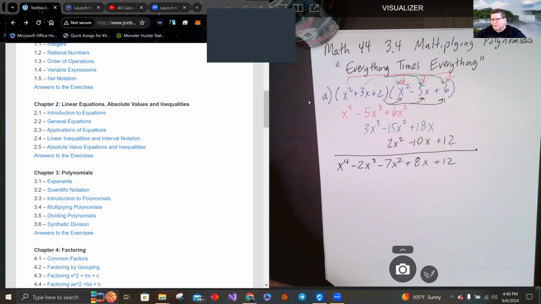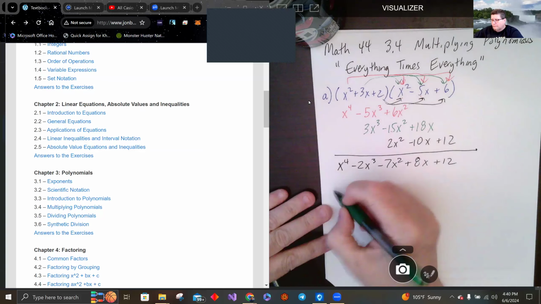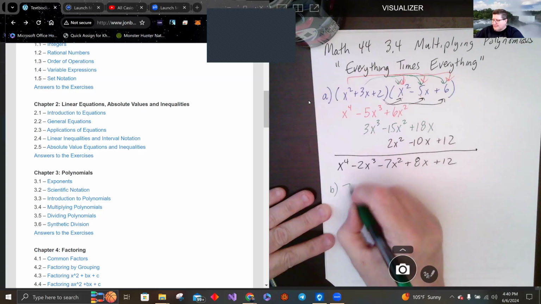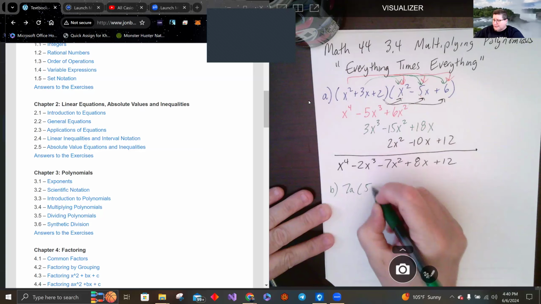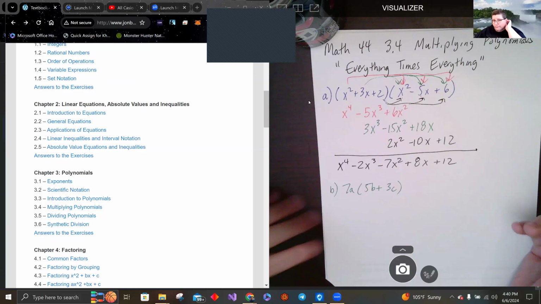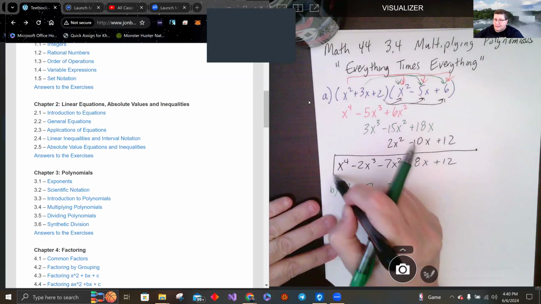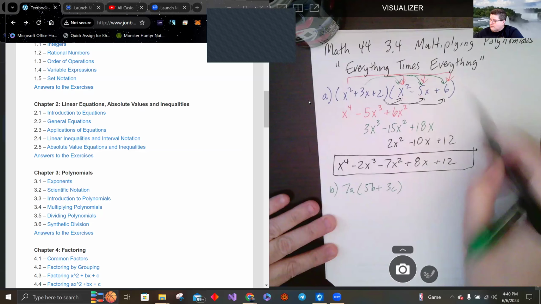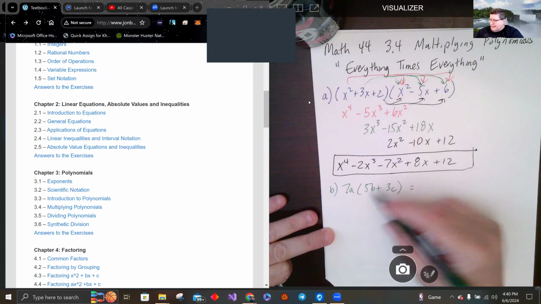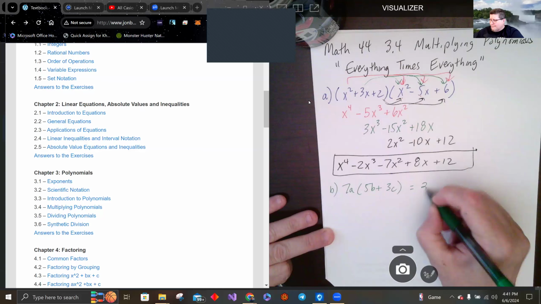Now, polynomials can be simpler. We could have something as simple as 7a times 5b plus 3c. Maybe I'll put that in a box so we see it's part of A. When you distribute, you got the 7a times the 5b is 35ab.